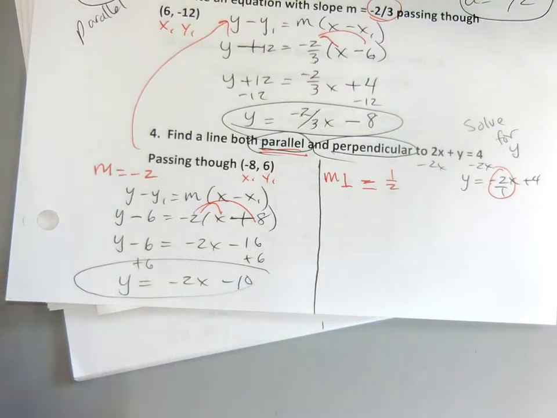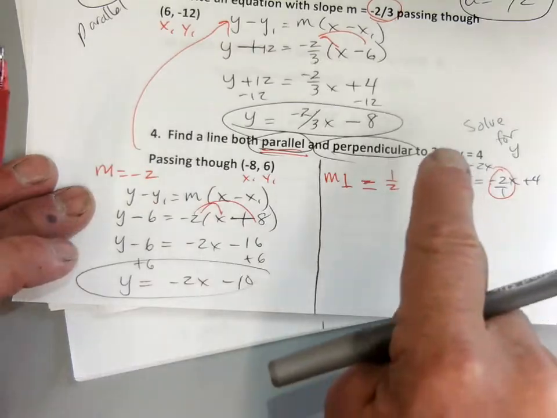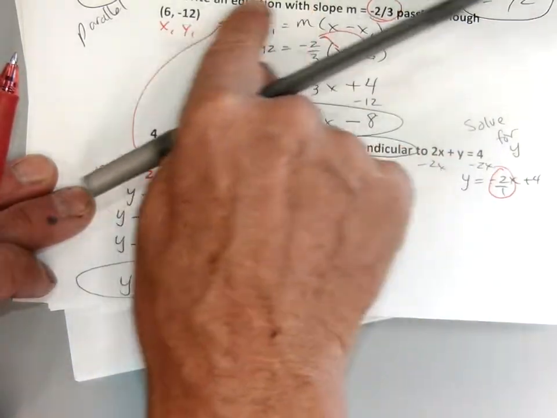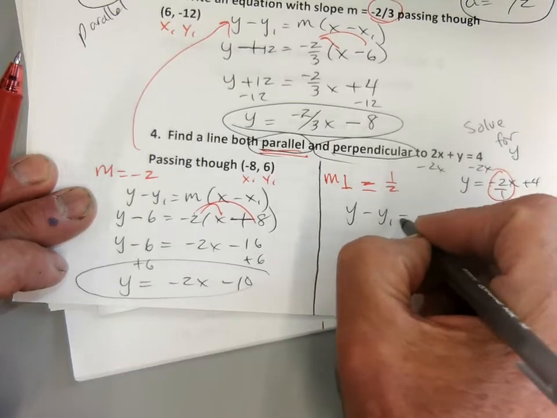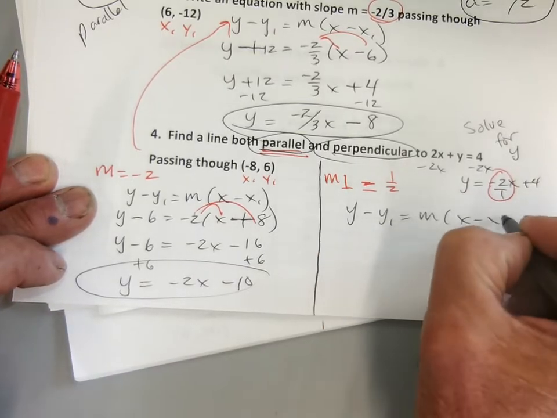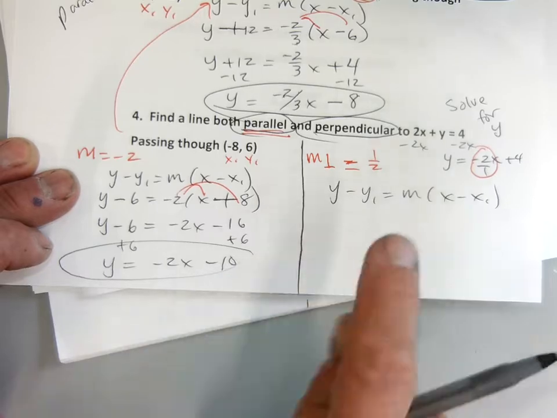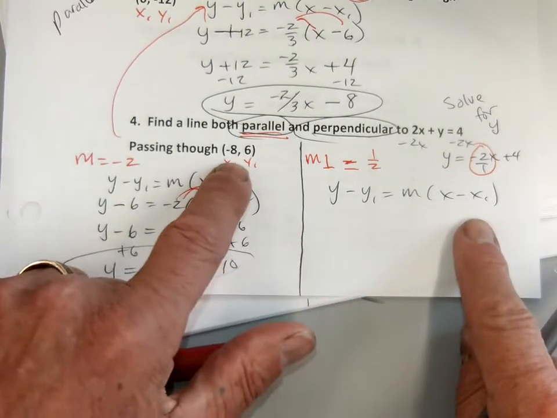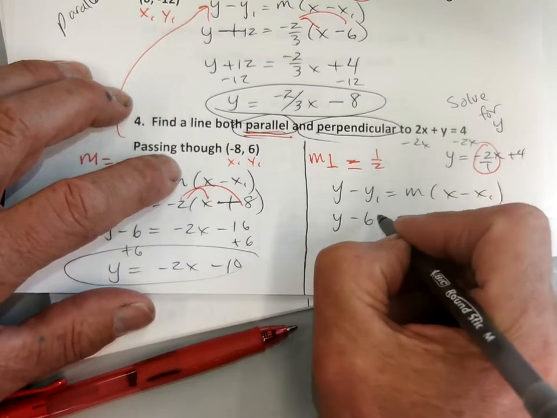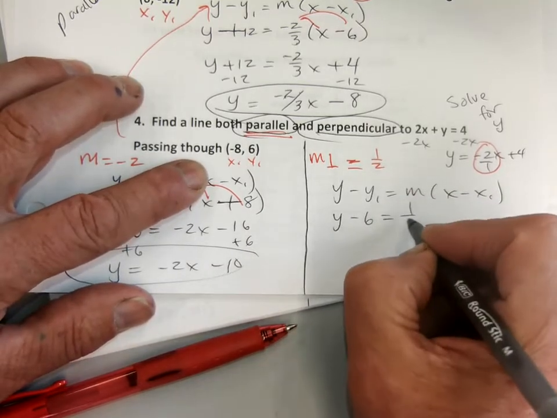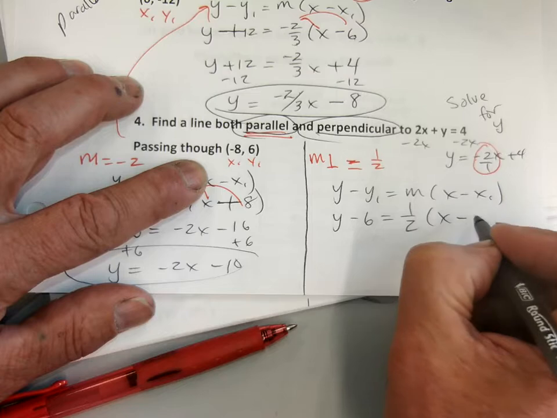So again, we have a point and a slope. Let's use our point-slope formula. y minus y1 equals m times x minus x1, okay? x1, y1 is my negative 8, 6, and my slope is 1/2. I'll go y minus 6 equals 1/2 x minus negative 8.